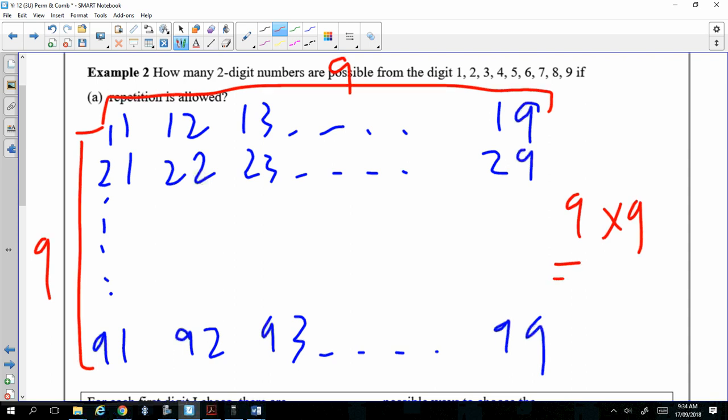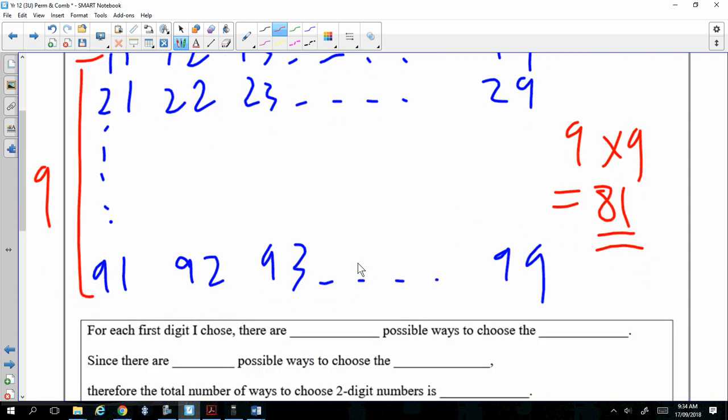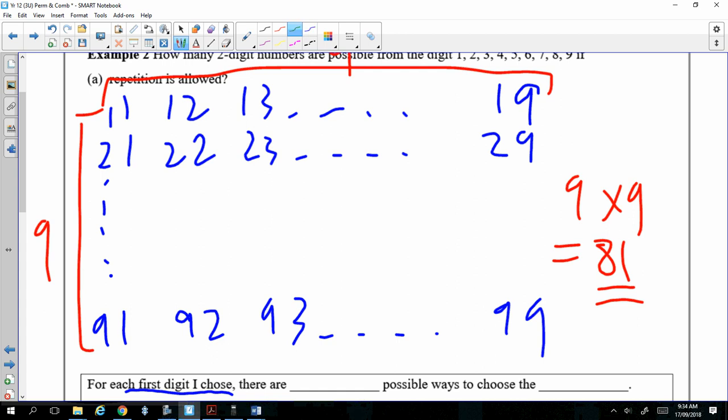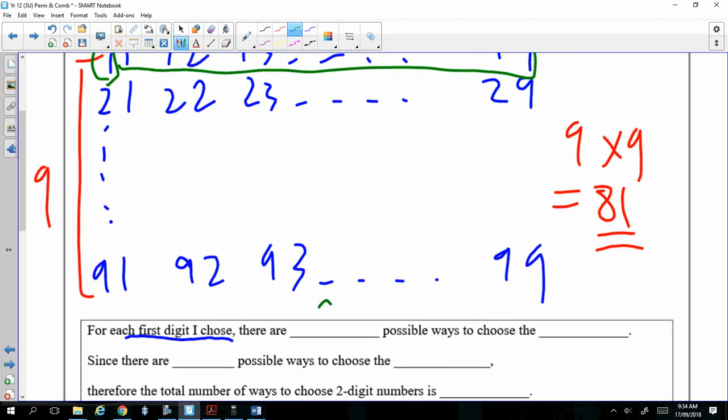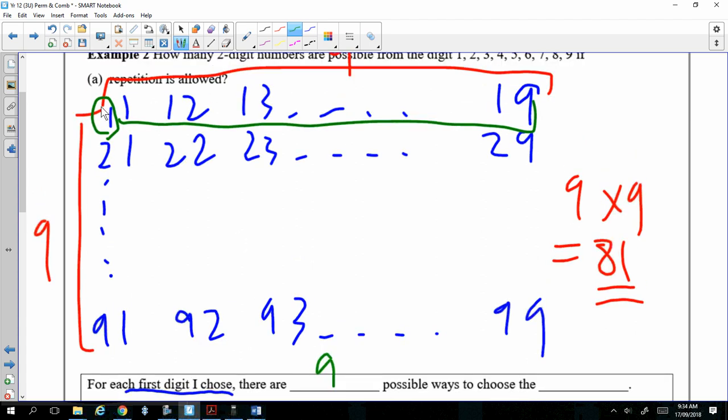But we're not going to list that every time. We're going to fill in this sentence. How it works is this. For each first digit I've chosen, there are 9 possible ways to choose the second digit.